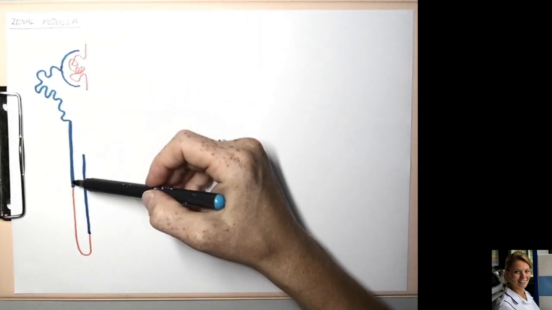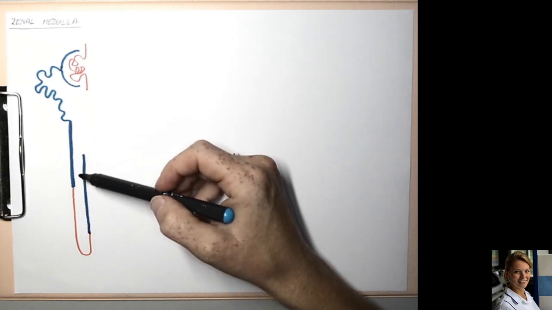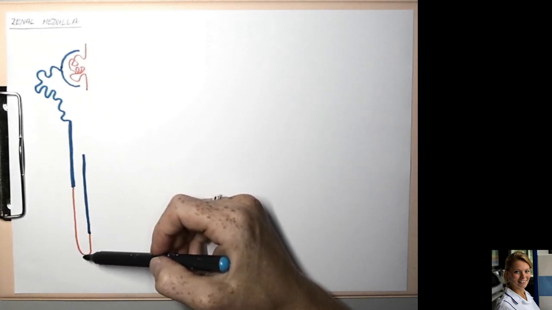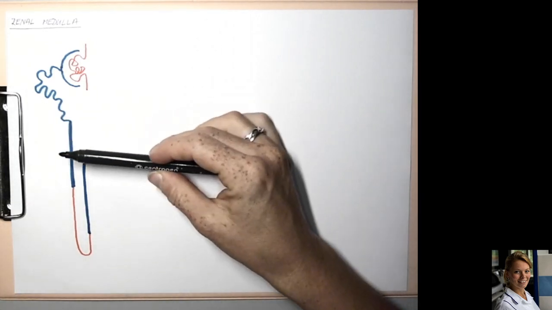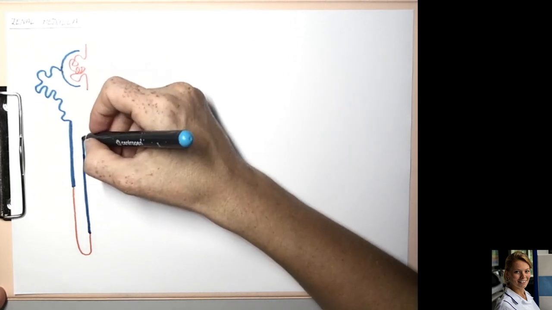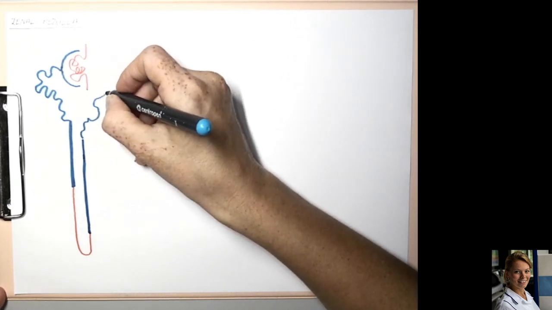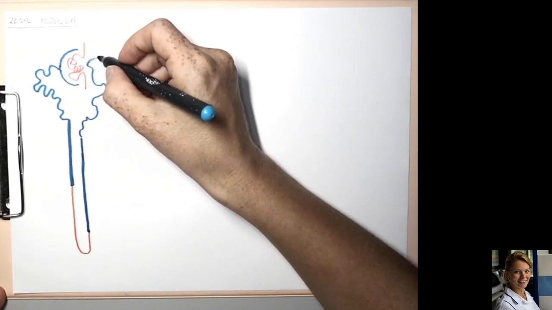Thick limb of Henle's loop and thin limb of loop of Henle are located in the renal medulla, and the convoluted part of distal tubule is also located in the renal cortex.